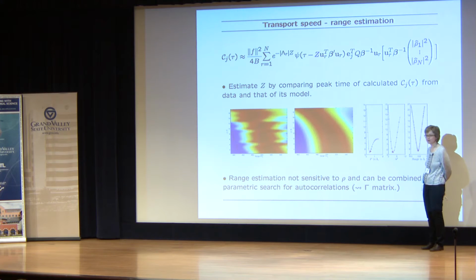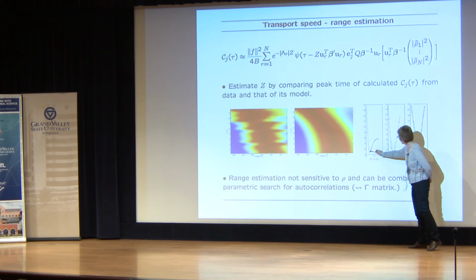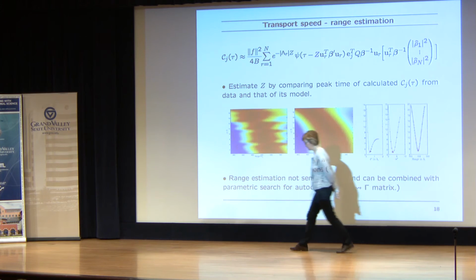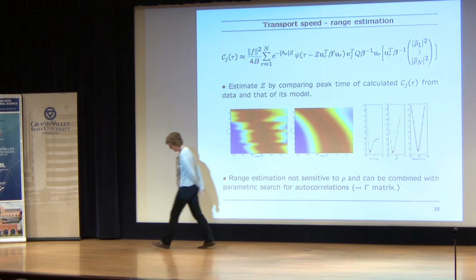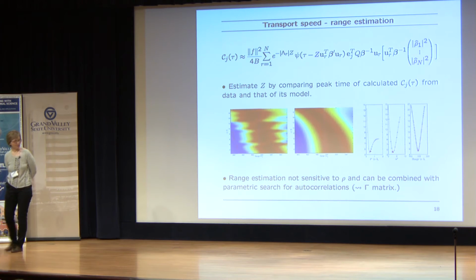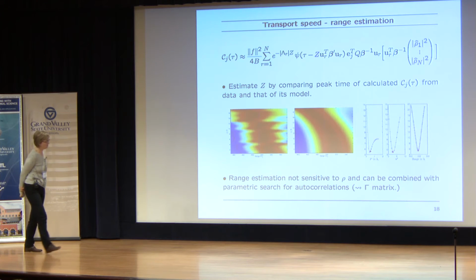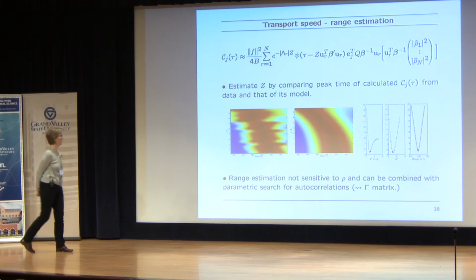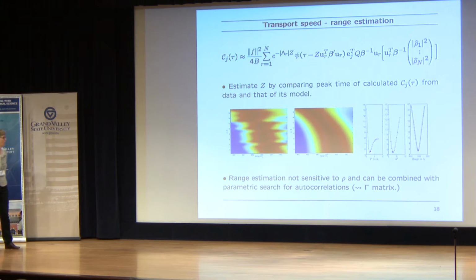It's a convex function, and the reds correspond to predictions. And so this is a very nice method of predicting the distance and also calculating the statistics, and in particular the gamma matrix that I had before. Okay, so this is the range estimation.